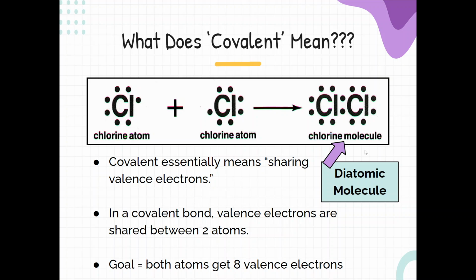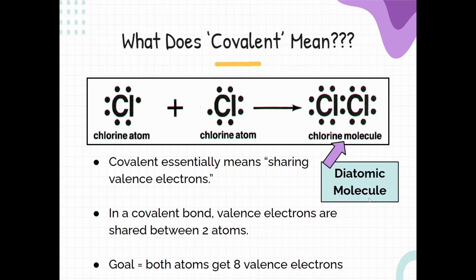However, in a compound, you typically have to have at least 2 different elements making up that compound, whereas a molecule can be 2 different elements, or it can also be 2 atoms of the same element sharing electrons via a covalent bond.